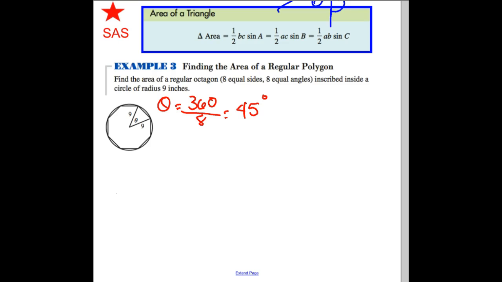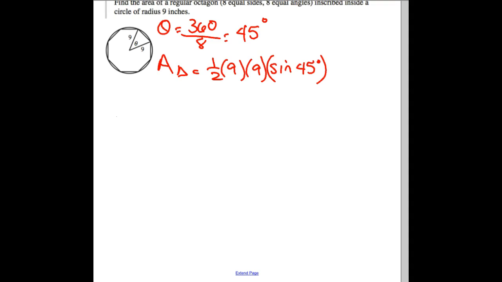Okay. So now we want to find the area of that triangle. It's 1/2 the product of the two sides and the sine of the angle in between them. So our two sides are both 9s, and our angle is 45 degrees. Now we're actually going to do this without a calculator for the first part here, because we want an exact answer, because we don't want to round too early.